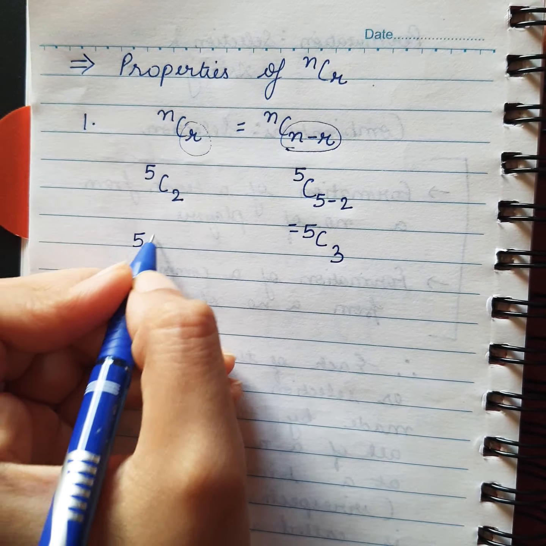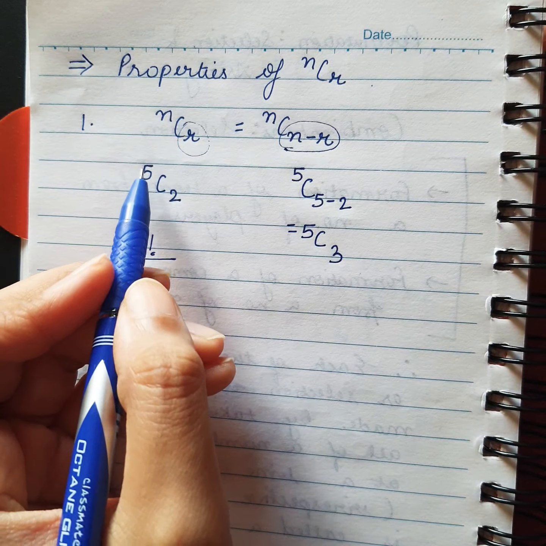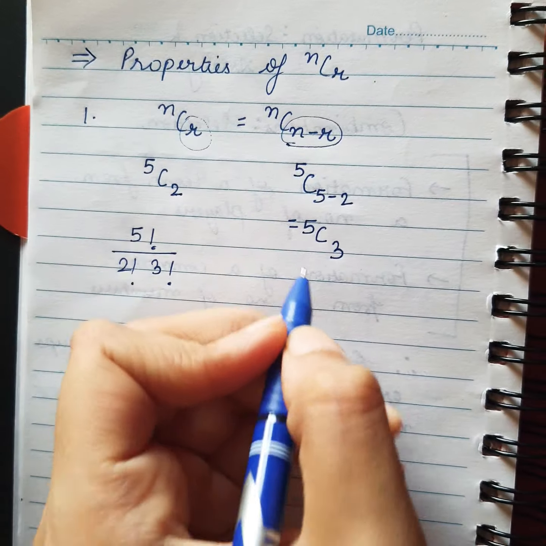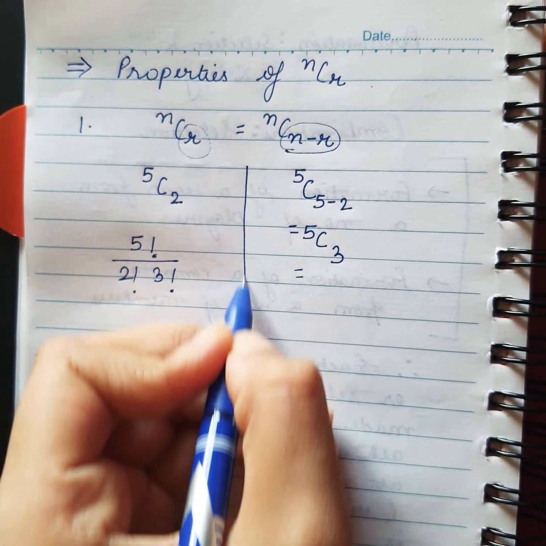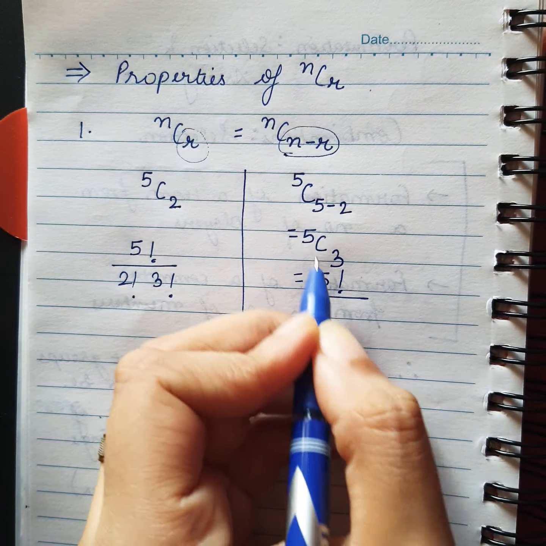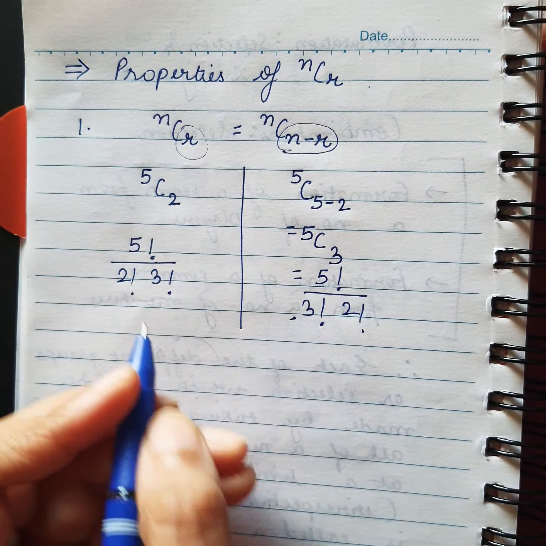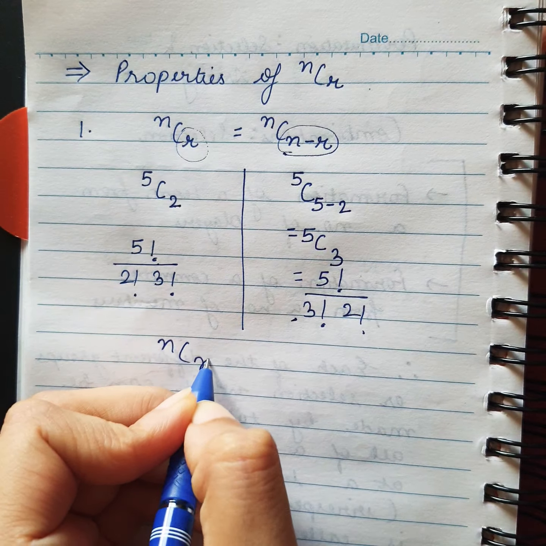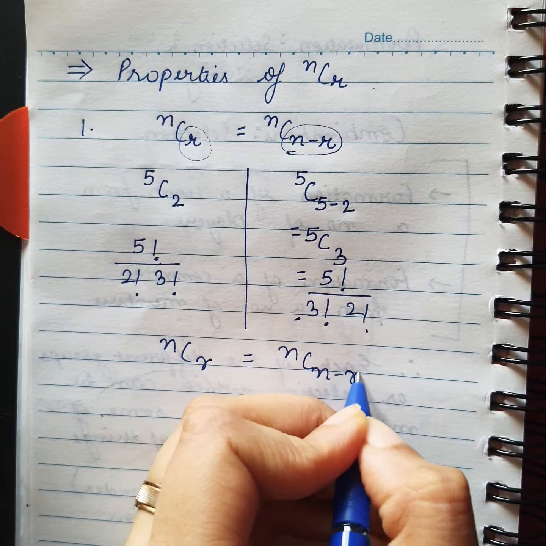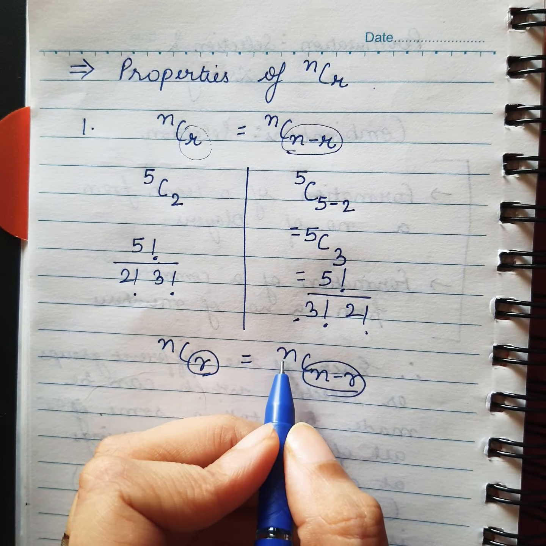So let's try with the formula: 5 factorial, 2 factorial and 5 minus 2 factorial, which is 3 factorial. Now let's try solving the other part: 5C3, 5 factorial, 3 factorial and 5 minus 3, 2 factorial. So both are the same. So for all the numbers we can say nCr will be the same as nC(n minus r), for the numbers whose sum is n.